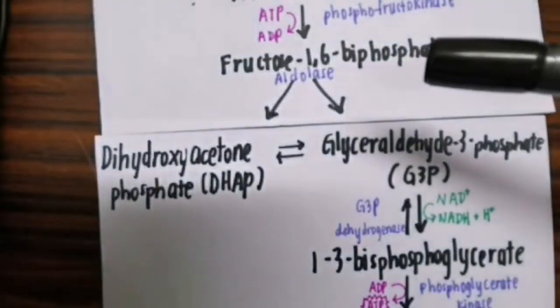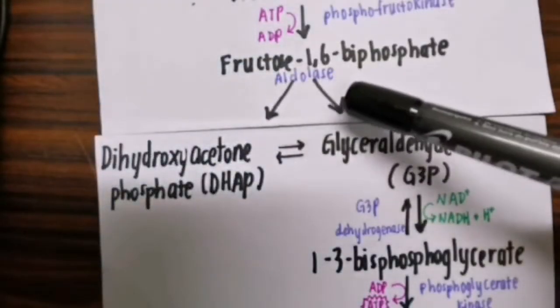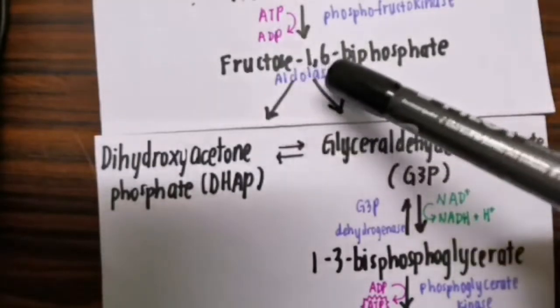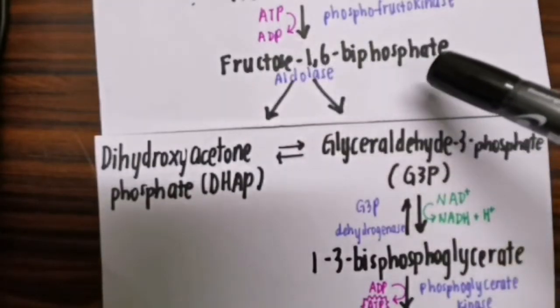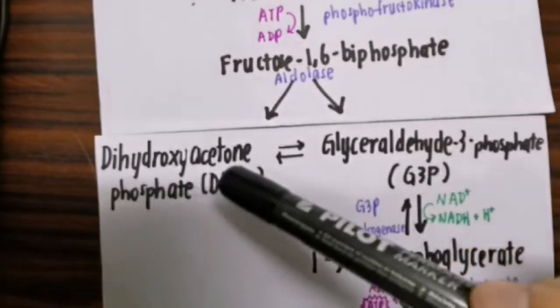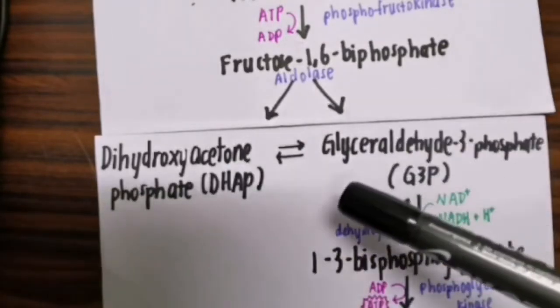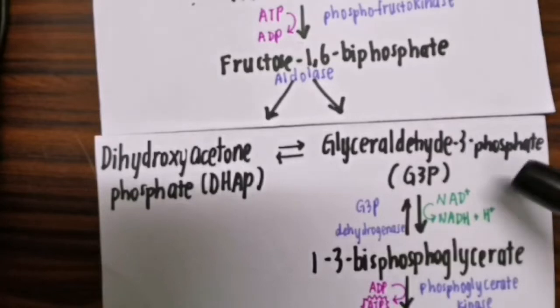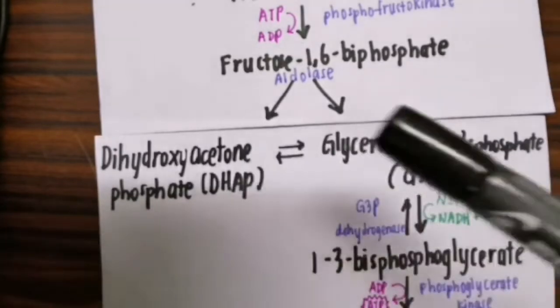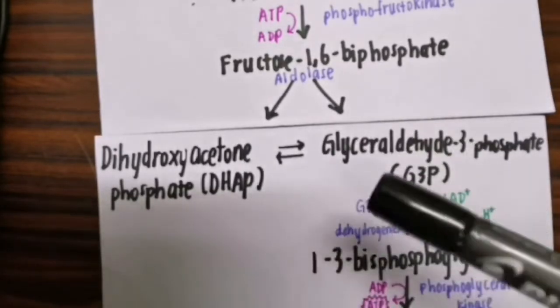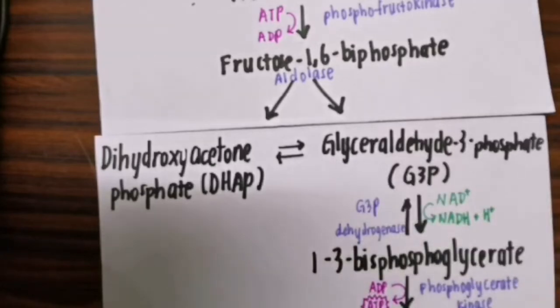Step 4 is the enzyme aldolase splits fructose 1,6-bisphosphate into dihydroxyacetone phosphate and glyceraldehyde 3-phosphate. These 2 molecules are isomers of each other.